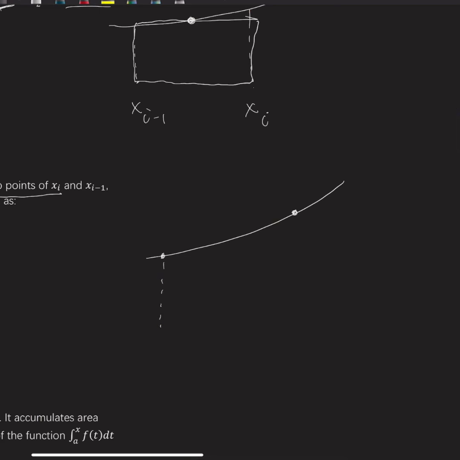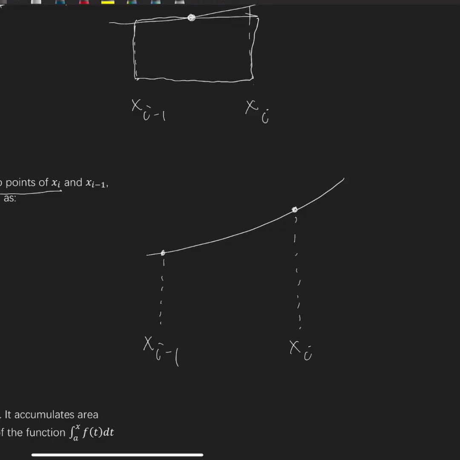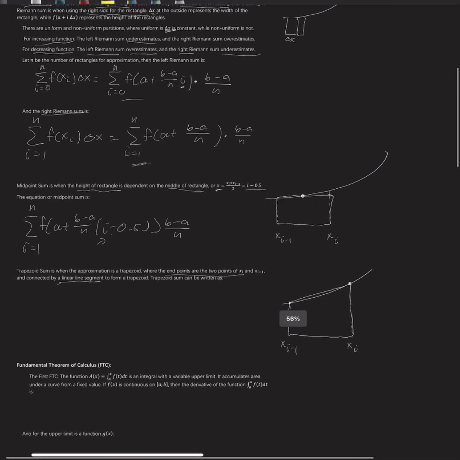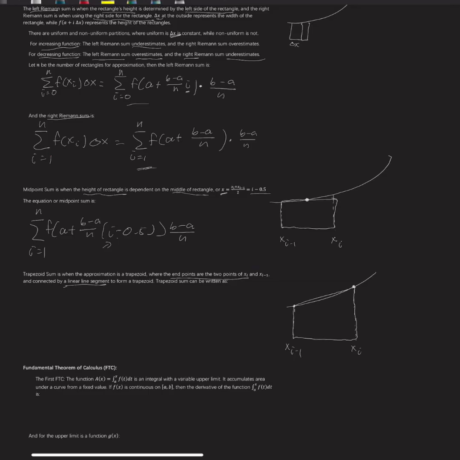Actually, let's call them x_{i-1} and x_i. For the trapezoid sum, you connect them by a straight line and form a trapezoid like this. This is usually more accurate than the left and right Riemann sums, and most of the time it's more accurate than the midpoint sum.